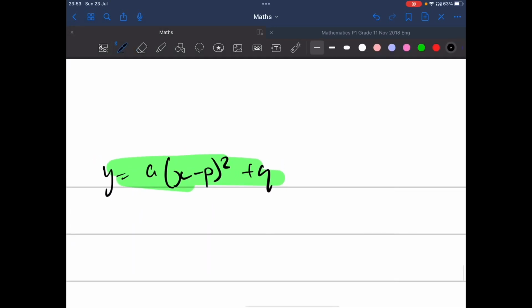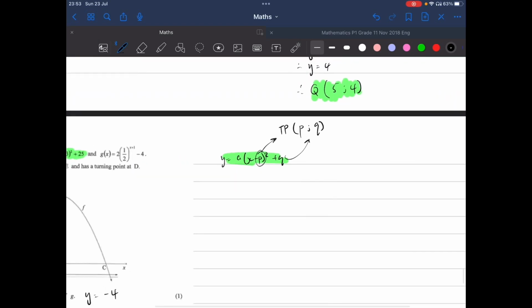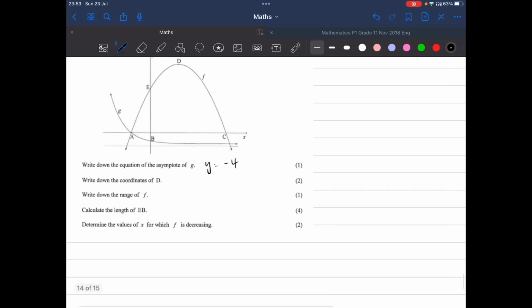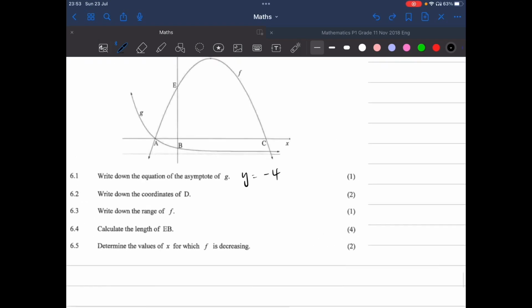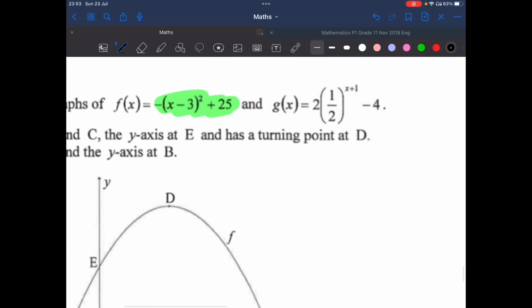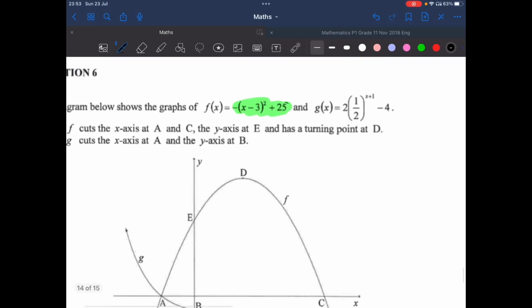Okay, so p is the x value of the turning point, and q is the y value of the turning point. Okay, so now let's look at the question again. We are asked to find the coordinates of the turning point D. So that means it's going to be (3, 25).